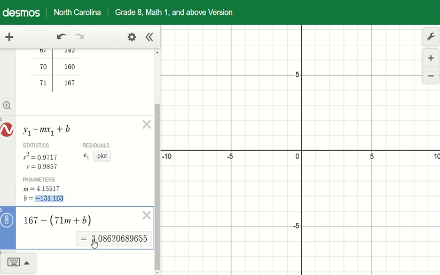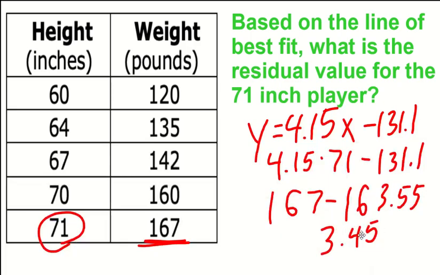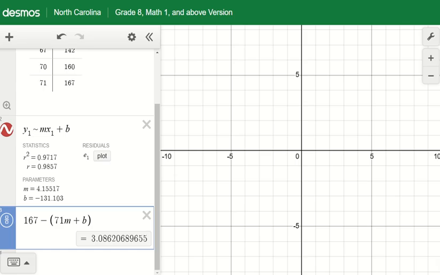So I got 3.0862, right? A little bit different than what we got. When you round, you're getting some different answers. Everybody kind of follow on that? So what I need you to do when you're working on it today is get those exact numbers. All right, everybody clear on that?